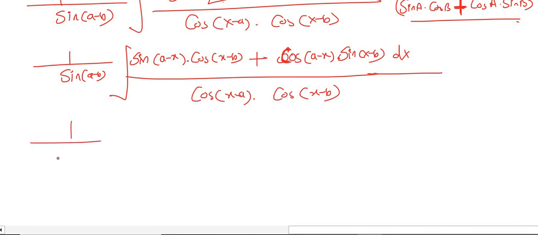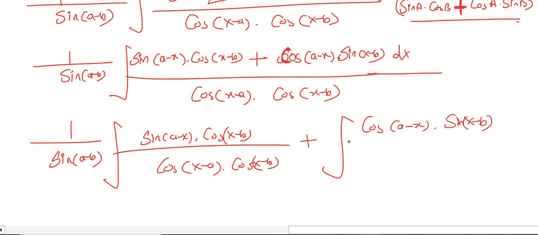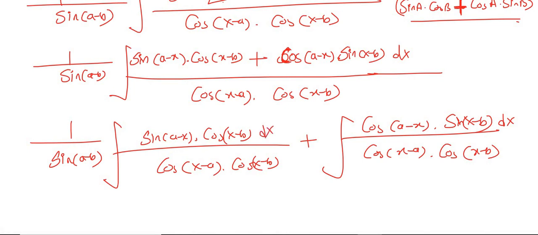So let me write 1 by sin of a minus b, integration of sin a minus x cos x minus b by cos x minus a cos x minus b, plus integration of cos a minus x sin x minus b by cos x minus a and cos x minus b dx. Okay, now what can we do here?